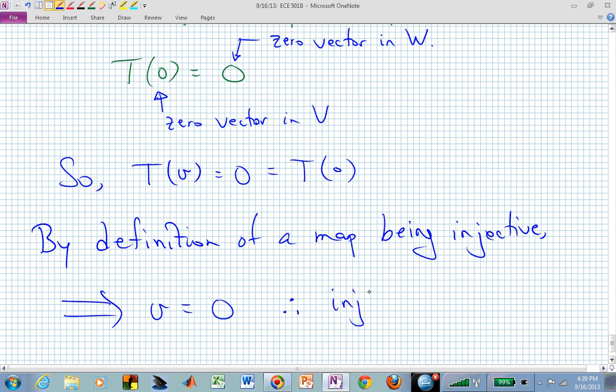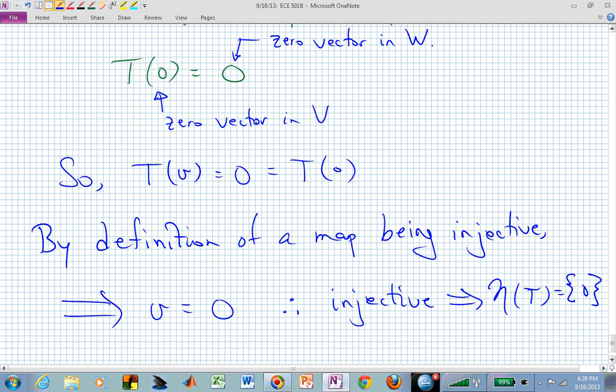Now we have our implication in one direction. We assumed our map was injective, and we just used it in this last step. That implies that the null space of T is equal to 0. Meaning, given any vector V that's in the null space of T, it has to equal 0 if our map is injective.